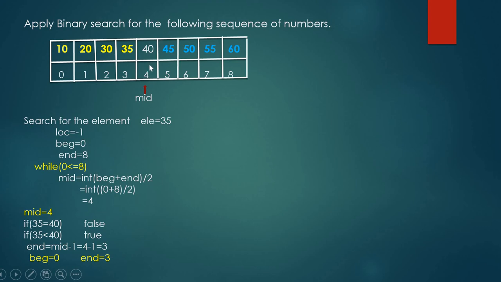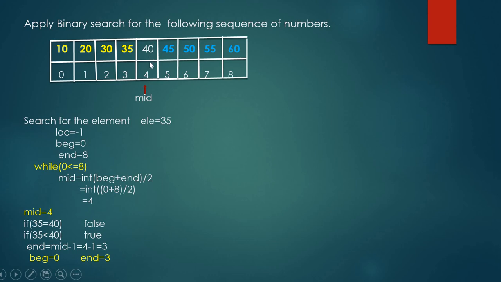First we check whether the element is equal to A of mid, and next whether it is less than or greater than A of mid. Here 35 is equal to 40? That is false. 35 is not equal to 40.